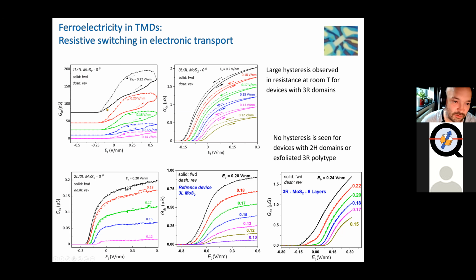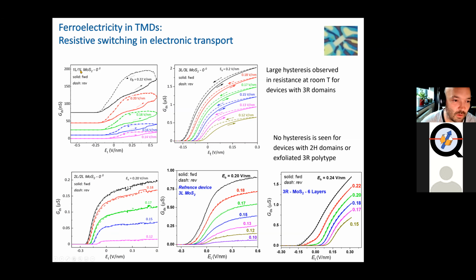As we apply the electric field, the top gate voltage, the return is on a different path, and there is this hysteresis in the conductivity, which changes both as a function of the maximum voltage you apply and the backgate voltage that you have at the moment.